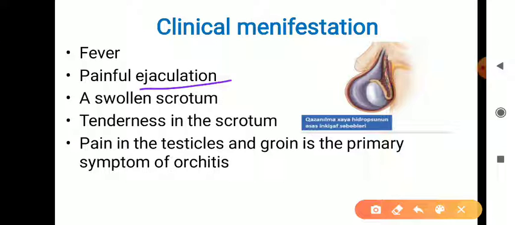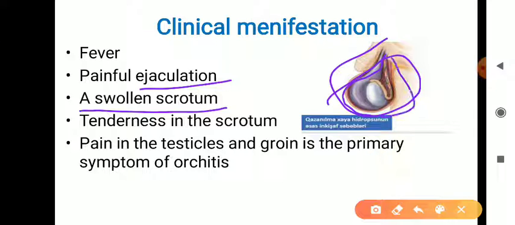And third one is a swollen scrotum, means the person suffering from orchitis will have swelling in the scrotum. The scrotum will become longer or larger in shape.